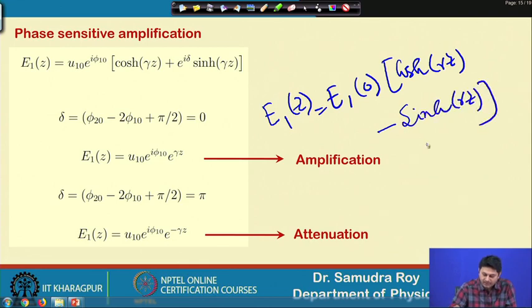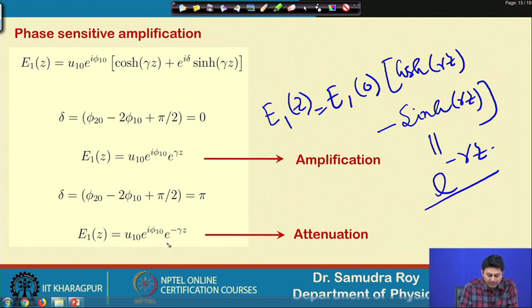This term is nothing but e to the power of minus gamma z. So, an exponentially decaying term will be involved here, like it is shown here. That means if the phase relationship between E2 and E1 is such that delta becomes pi, then we will get an attenuation. That means the subharmonic is not going to be generated anymore.